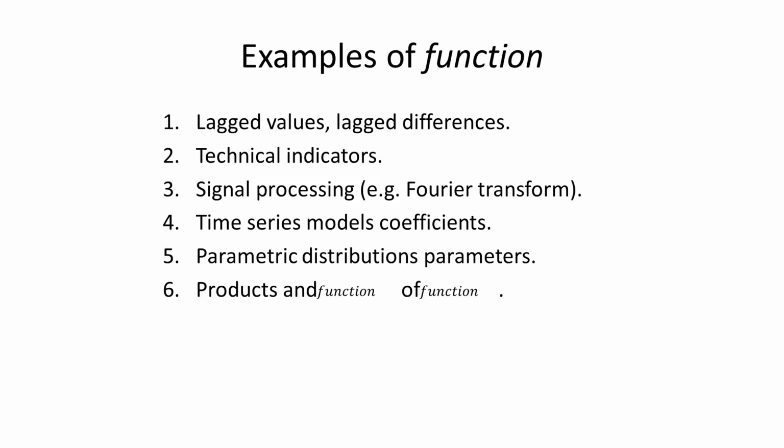You can take the differences, you can take various signal processing transformations, you can take real-time data, transform it using a time series model and take the coefficients. You can fit them to a probability distribution and take the parameters of those distributions as features and so forth. And then you can compose them. You can take a composition of the functions.